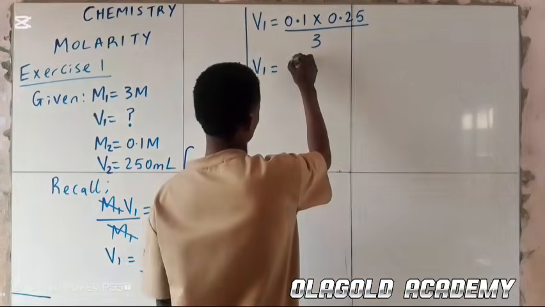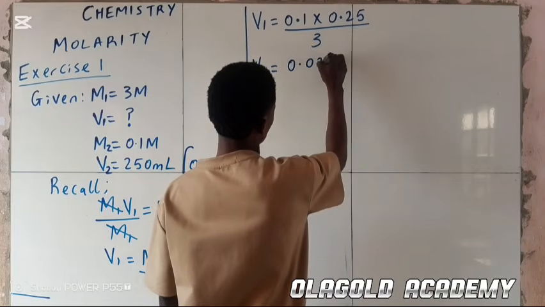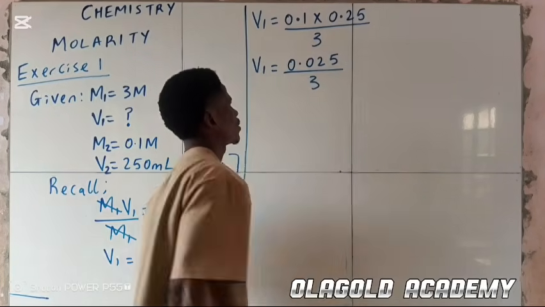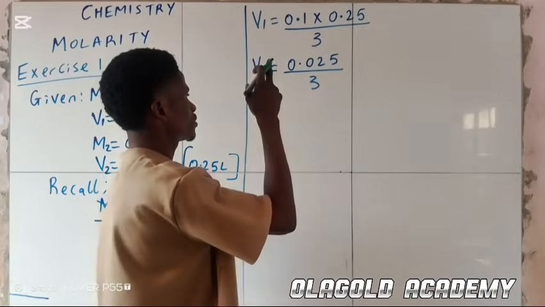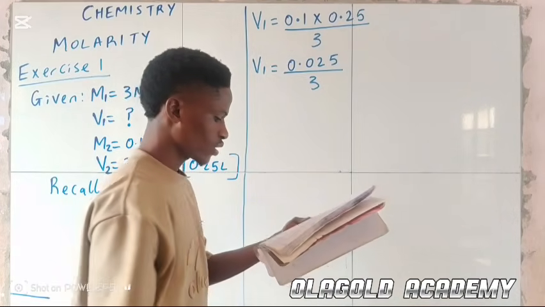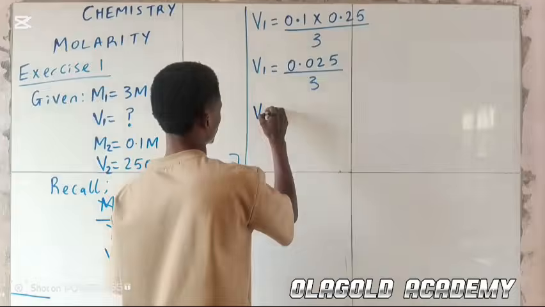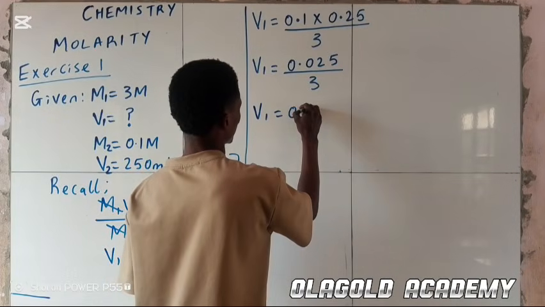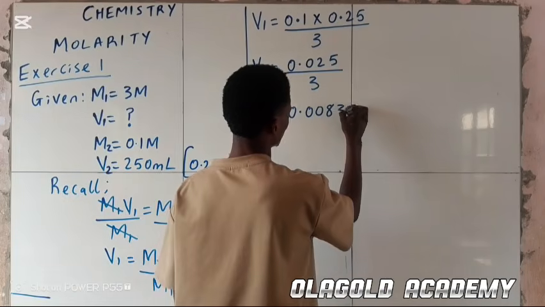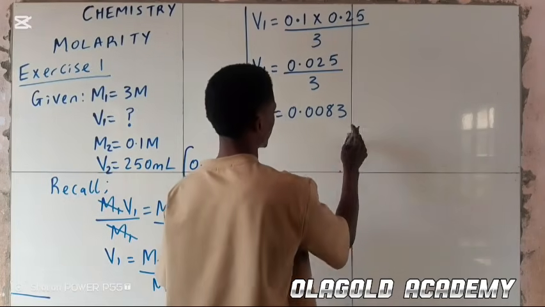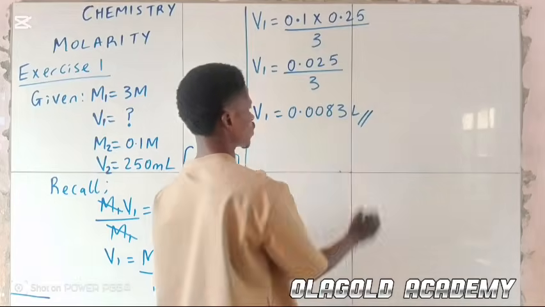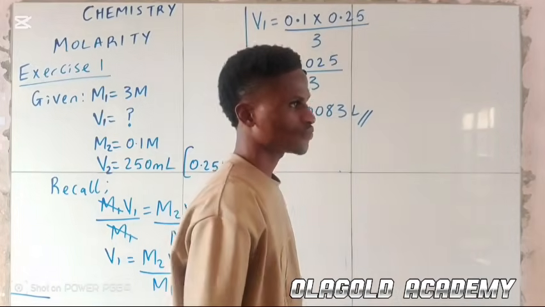So we have 0.025 over 3. Now, 0.025 over 3, we are going to get our V1 to be equal to 0.0083 liters. We have this as our final answer.